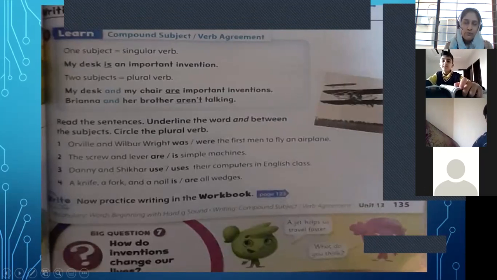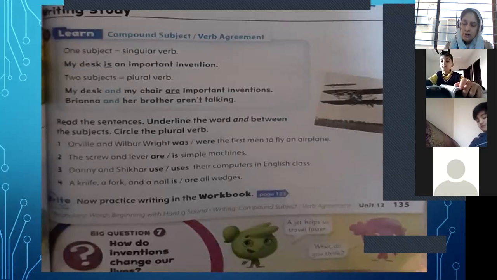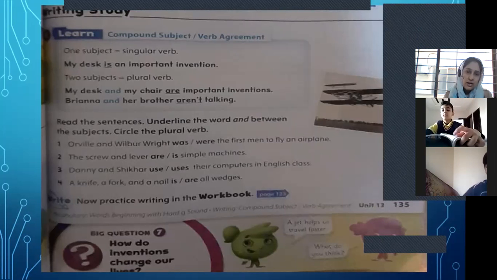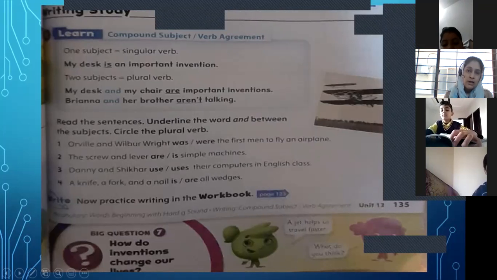For example, when I say Sarah is playing outside, Sarah is the subject, because Sarah is the girl who is actually playing outside. But sometimes the names of things would be given. So in that case, the name of the thing will be the subject.